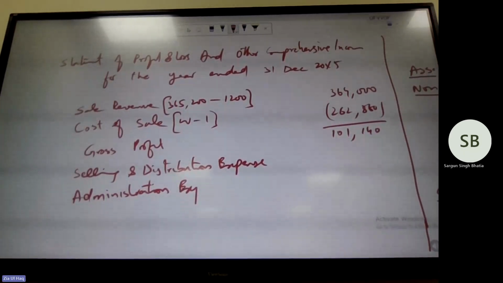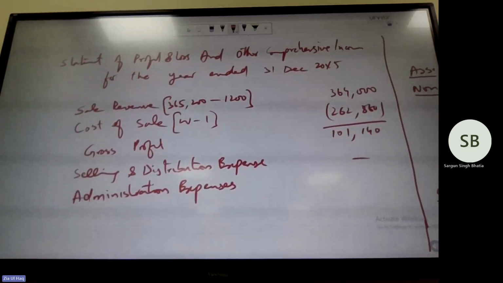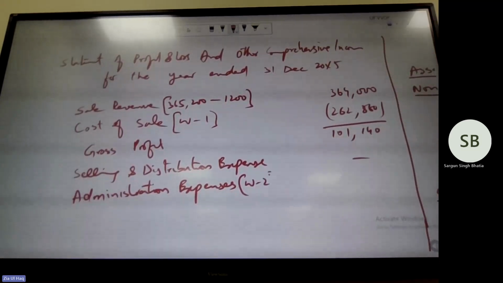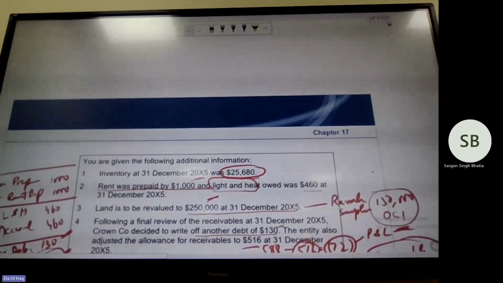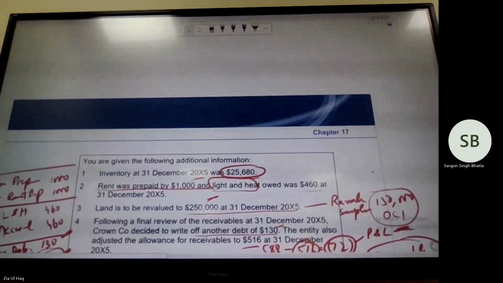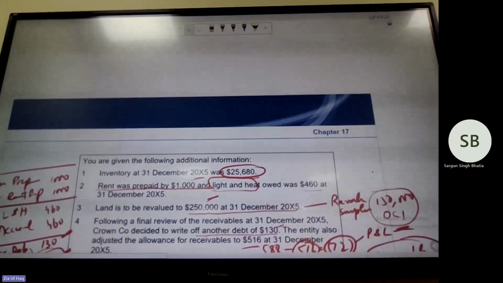I think in this question, there are no selling and distribution expenses, but there are some administration expenses. For administration expenses, we can prepare a working so that we can just subtract the complete figure. Can we open a working here for admin expenses?